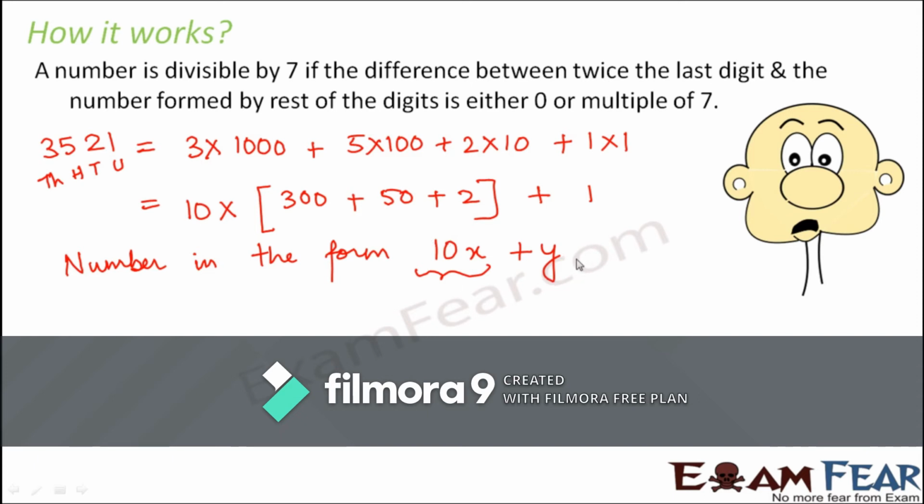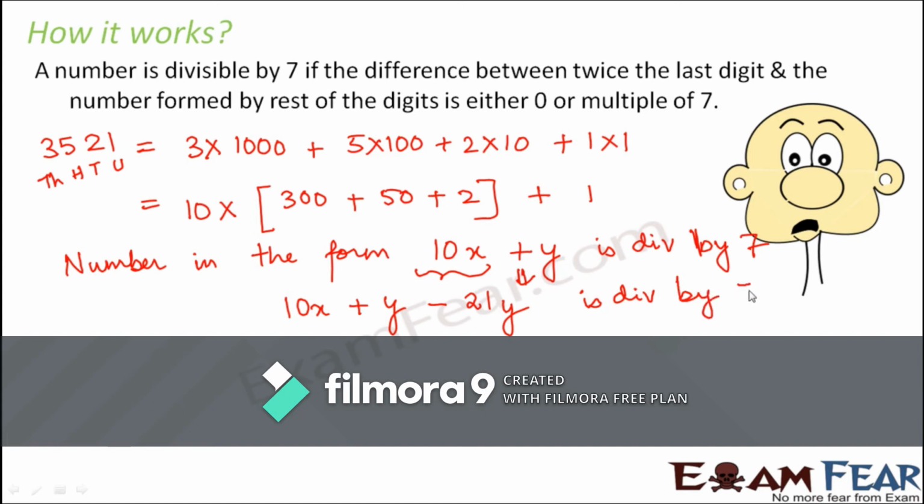Now, if we say that 10x plus y is divisible by 7, it is as good as saying that 10x plus y minus 21y is divisible by 7. Now this doesn't mean that I am saying that 10x plus y is equal to 10x plus y minus 21y. I am not saying that. I am saying that saying this and saying this is the same.